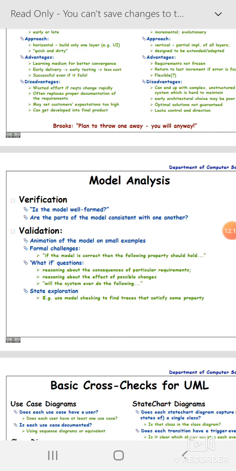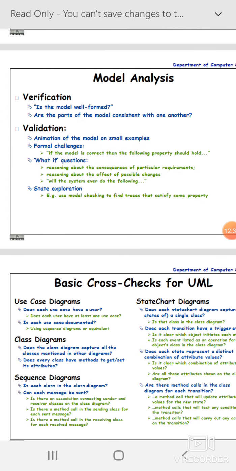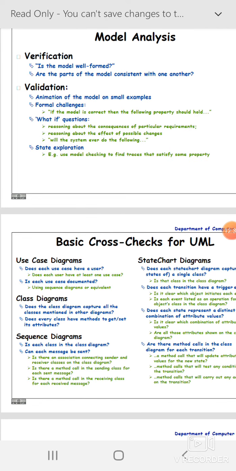Now model analysis. If we talk about the model of verification and validation: is the model well formed? If we talk about verification, are the parts of the model consistent with one another? If we talk about validation, animation of the model on small examples. So these are the things that can be done in model analysis.